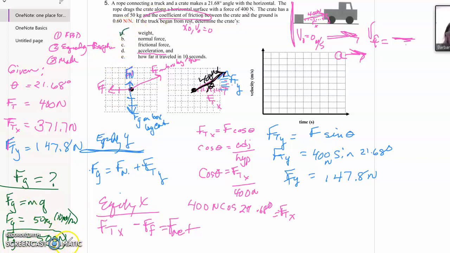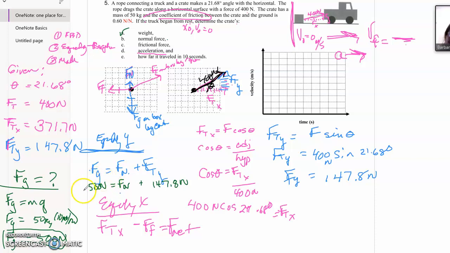Now here's the thing, don't swing at a pitch in the dirt, okay, guys? They're asking you this because they're trying to see if you'll write 500. But the normal and FG are not balanced here because remember, normal is getting help. So I can say FG is 500 newtons, and F normal is what we're looking for, plus what we found F tension y is, 147.8 newtons, right?